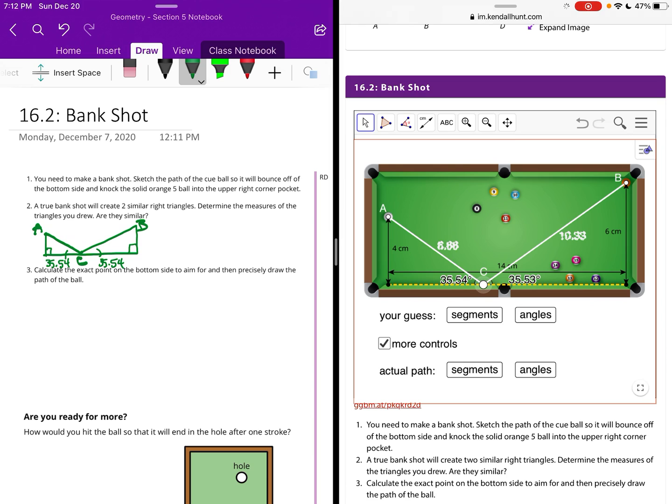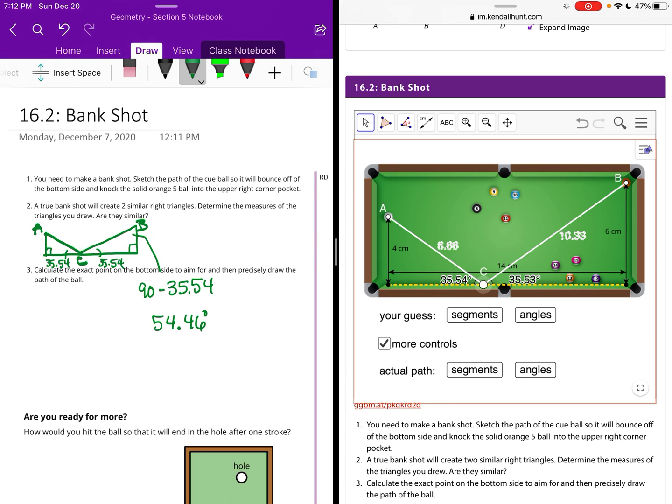All right, so then we know that this measure has to be 90 minus 35.54, which is going to be, let's see, 54.46 degrees. That would be the angle up there at B and at A as well.